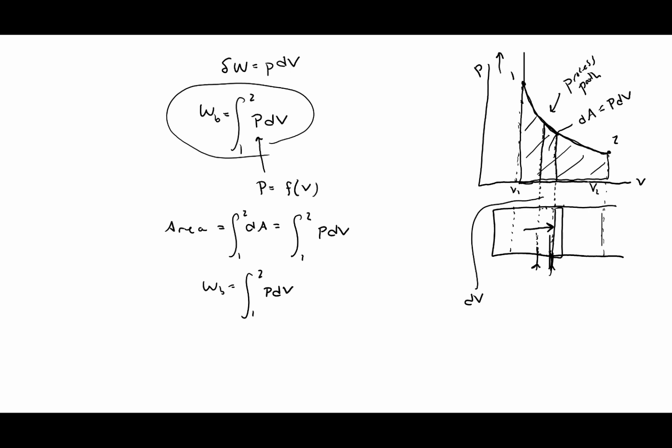So the area under the process curve on a PV diagram is equal to the work done during a quasi-equilibrium or quasi-static expansion or compression process. So I'm going to write that.